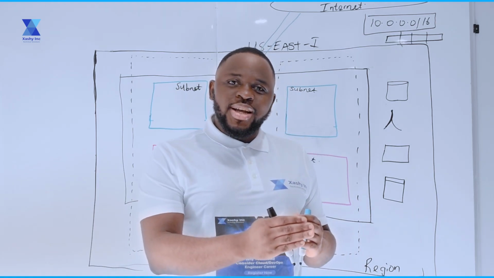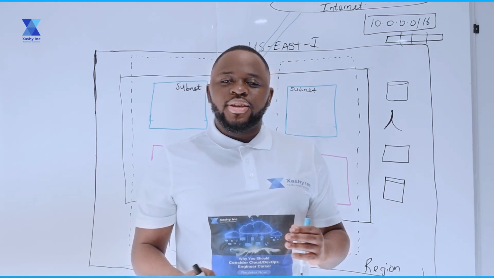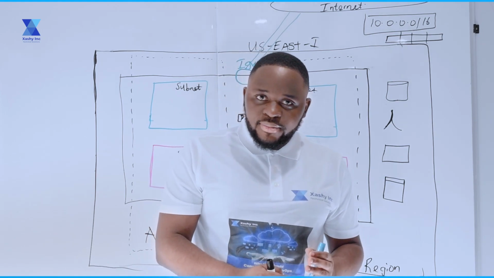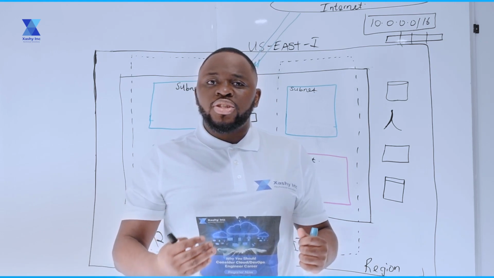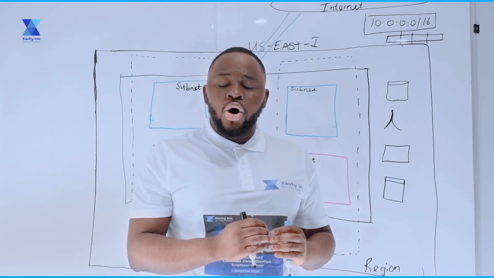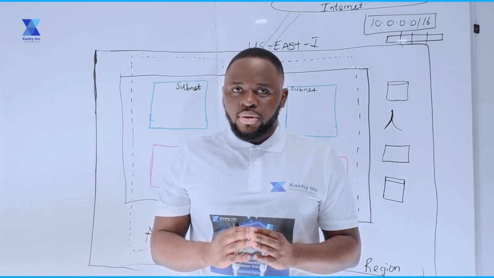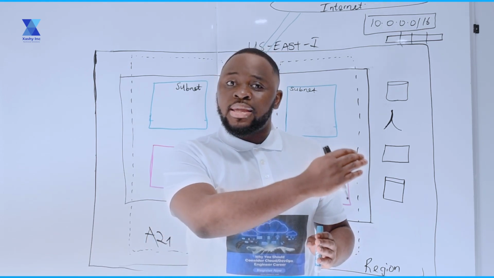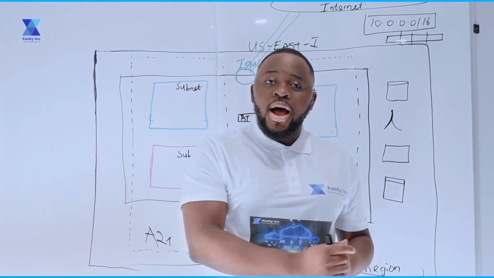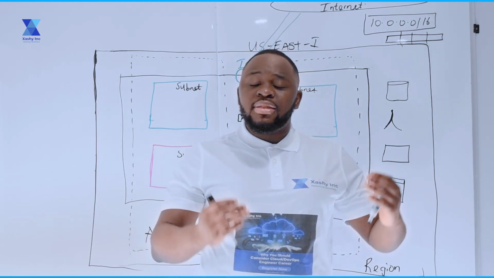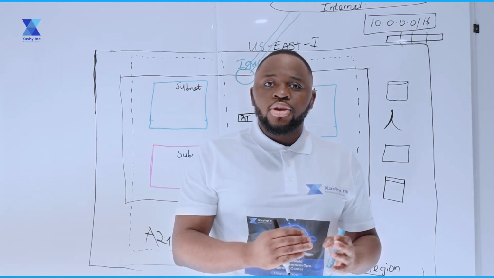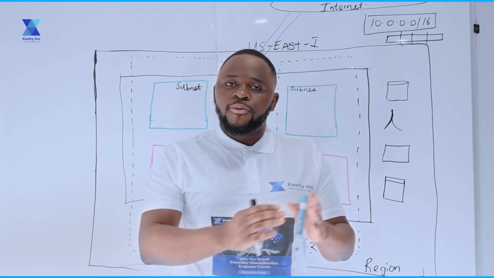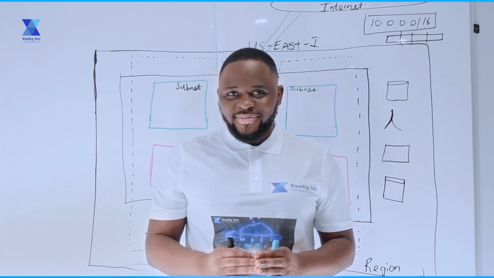So one thing you should understand is that a subnet is just a subsection of a VPC. A subnet is just a range of IP addresses which are actually found within your VPC CIDR block. Subnets are created in availability zones, and you want to create your subnets in different availability zones within that region so that you are ensuring high availability for your resources.